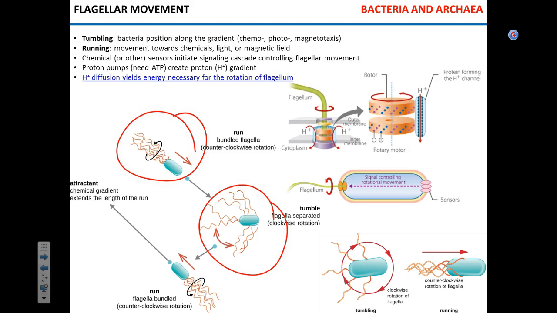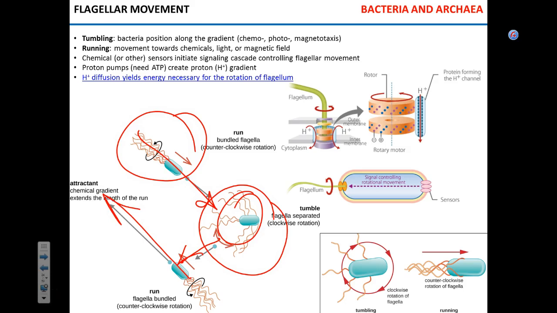I want you to understand that running is directional movement. Tumbling is staying in one place. So bacteria, they're not like Michael Phelps that just swim directly to the goal. They will swim, stop, turn, swim. So run, tumble, run, run, tumble, run, tumble, run, tumble.